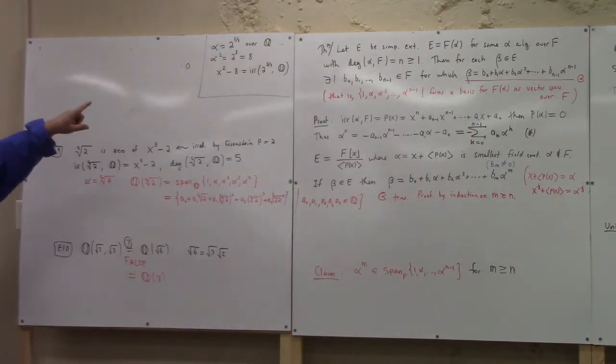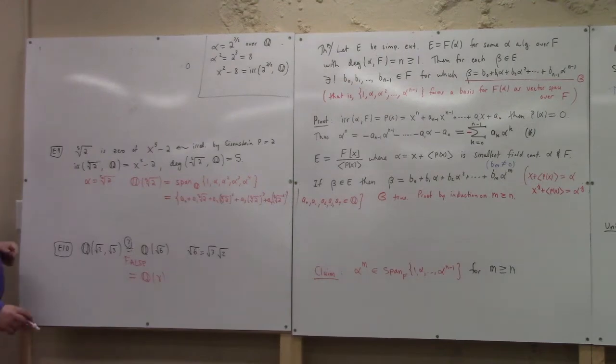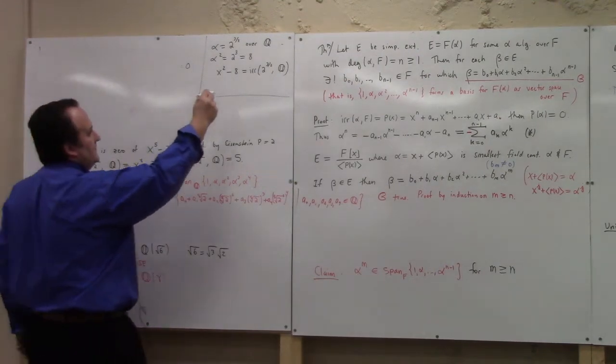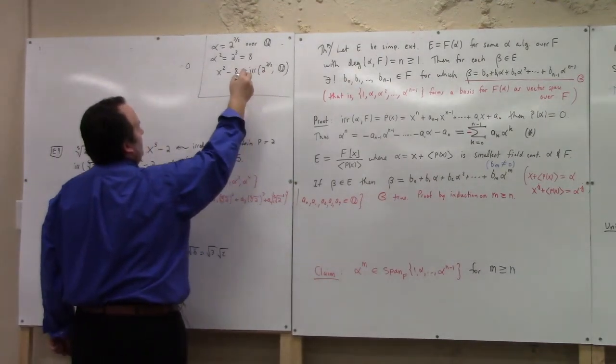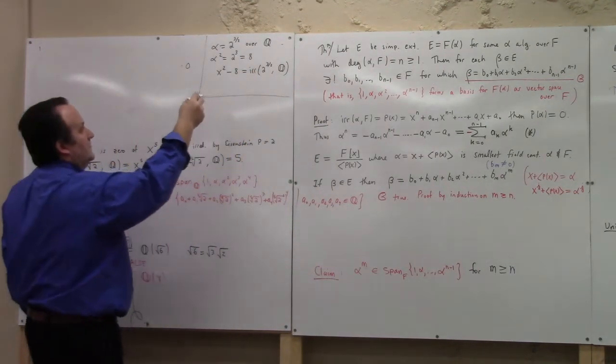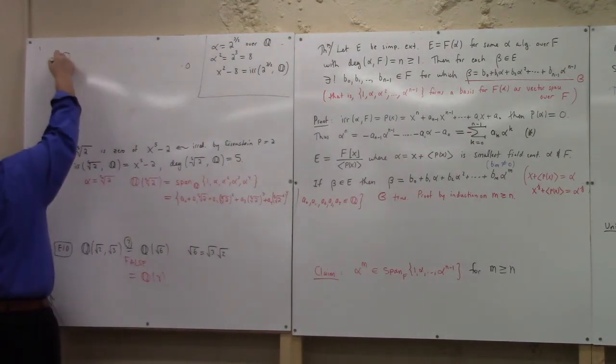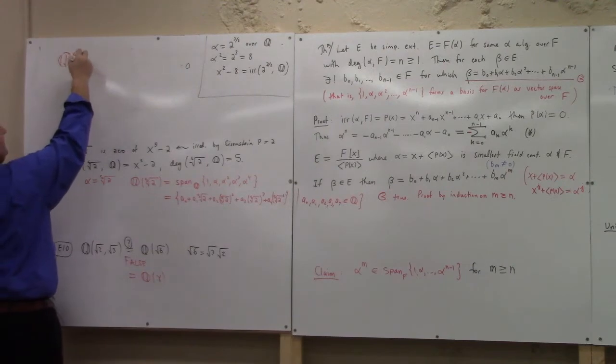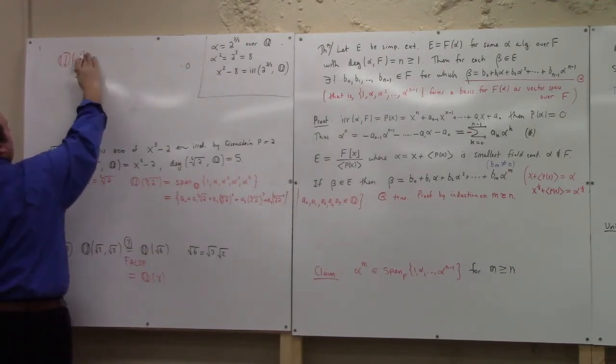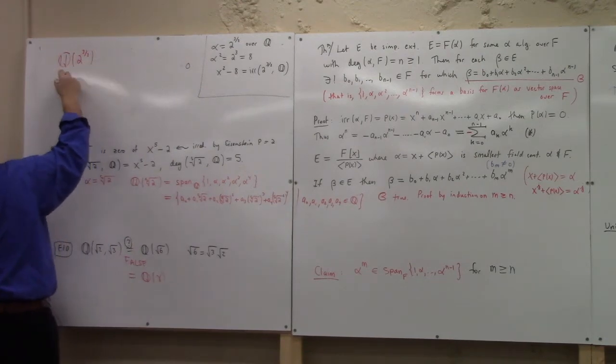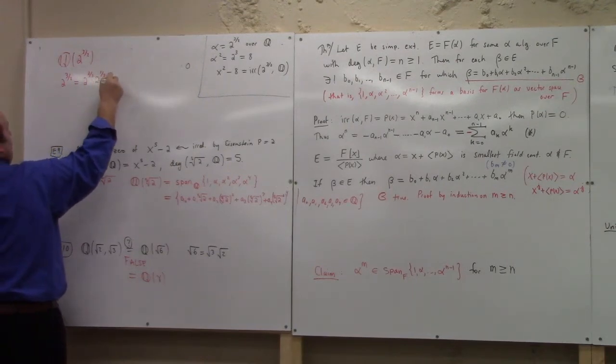This one up here, I wanted to point out. So Q adjoin the 2 to the 3 halves we were talking about? Well, 2 to the 3 halves is 2 to the 2 halves times 2 to the 1 half. So it's 2 root 2, right?